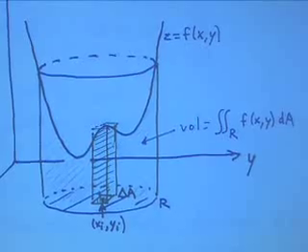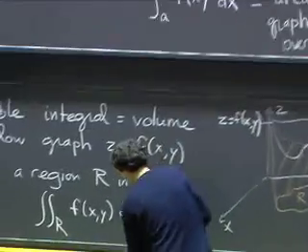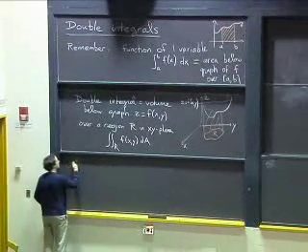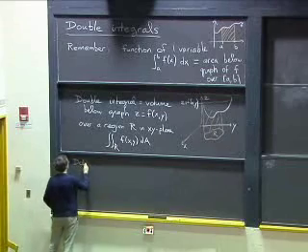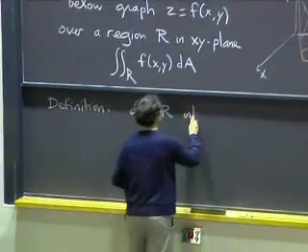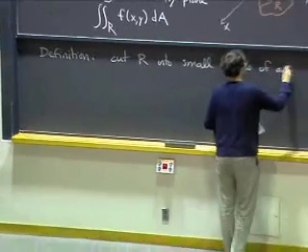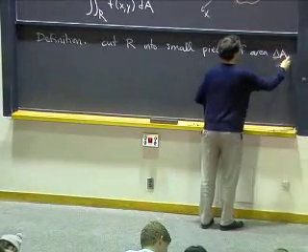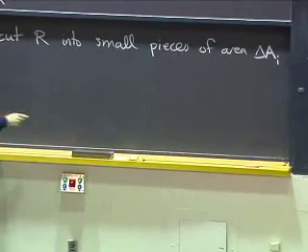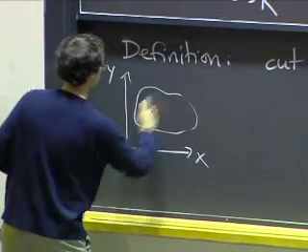So the actual definition involves cutting R into small pieces of area, let's call it delta A_i, the area of the ith piece. Maybe in the xy plane, we have our region, and we'll cut it using some grid.